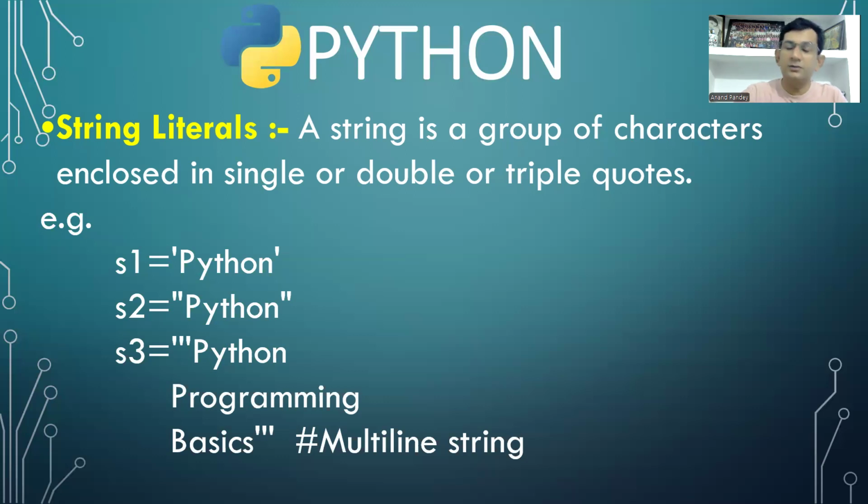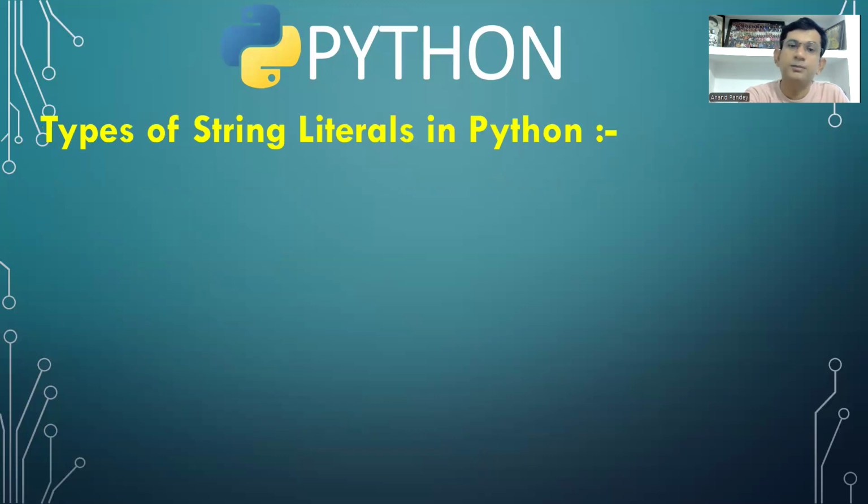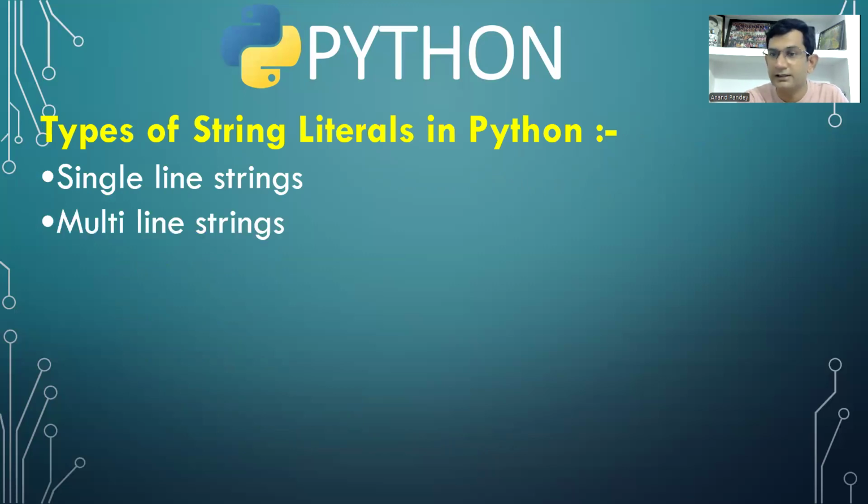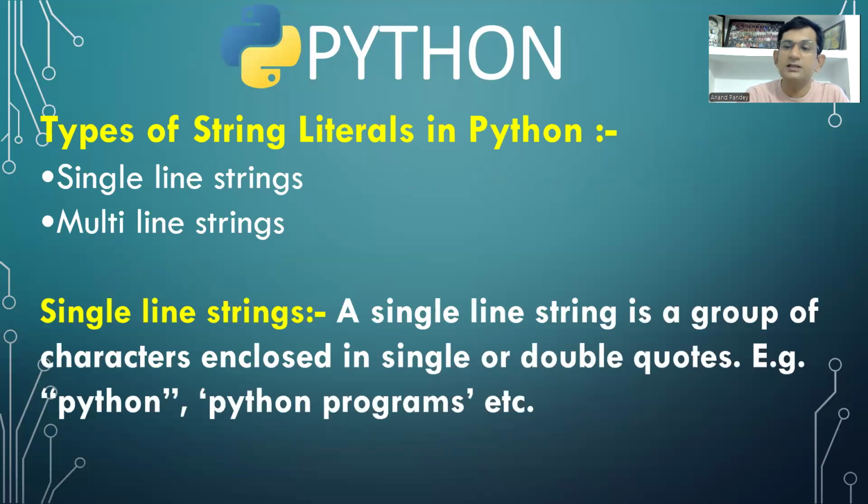Now let me tell you the types of string literals in Python. First is single line strings. Second is multi-line strings. For the single line string, it is simple.